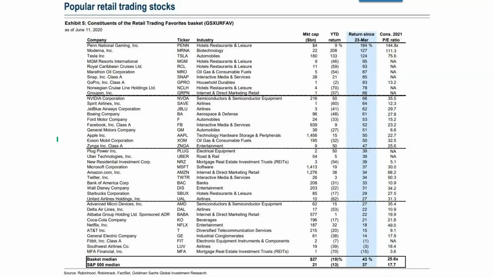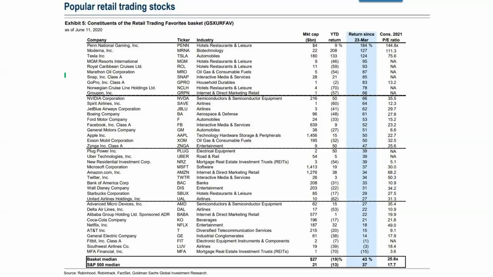So Robinhood represents a large retail presence, and you can see here that there's been something phenomenal in the second quarter, which is that retail traders, short-term traders, have really been phenomenally successful trading the market and have far outperformed institutions, which are all types of institutions, and the S&P 500 in the second quarter.